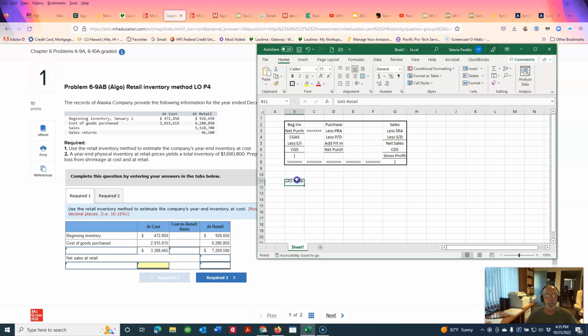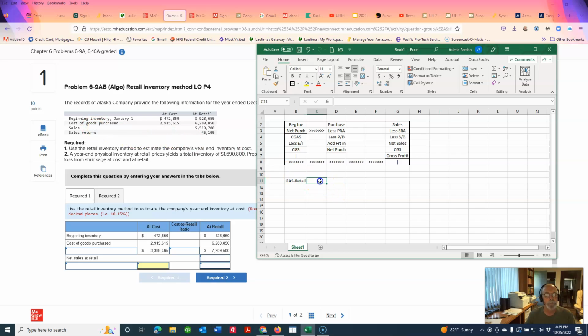This information has to be provided to us. Our goods available for sale at retail is going to be calculated by taking our beginning inventory, and we have beginning inventory at cost and at retail.